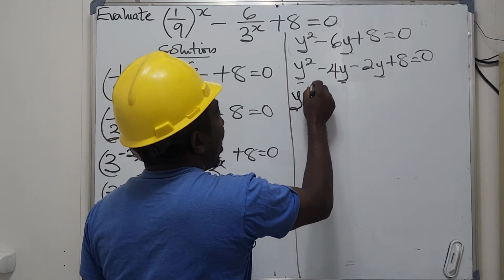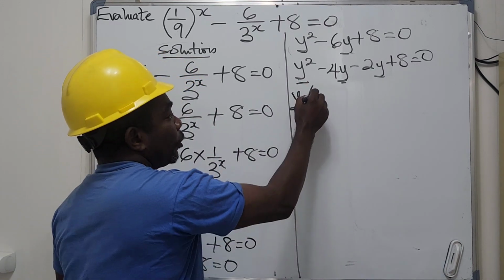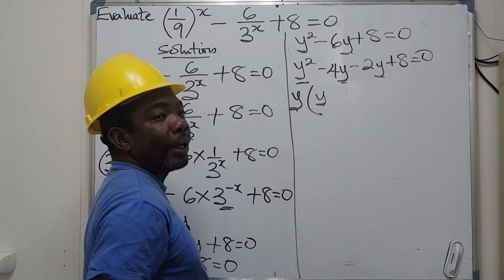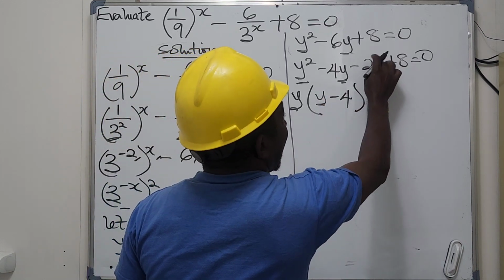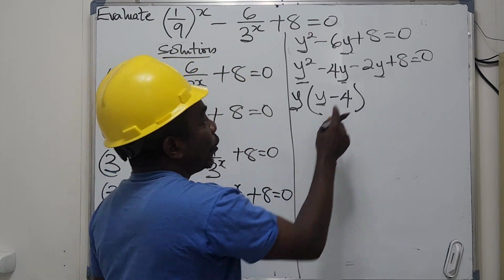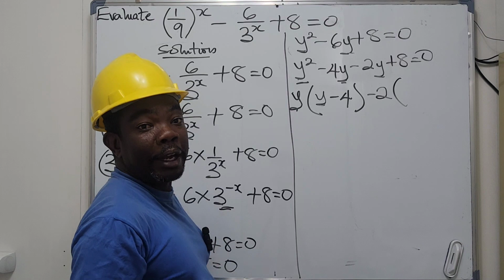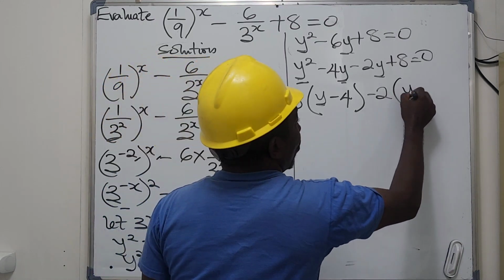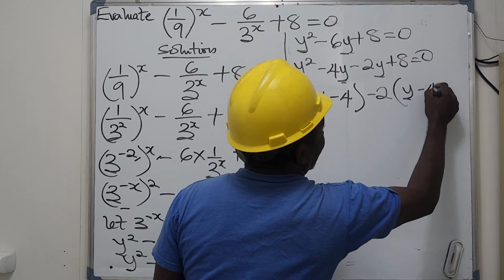So this will become y times y squared divided by y gives us y, minus 4y divided by y gives us minus 4. Then we have 2y here and 8 here. 2 is common, so we will have minus 2. Then minus 2y divided by minus 2 gives us y, and 8 divided by minus 2 gives us minus 4.